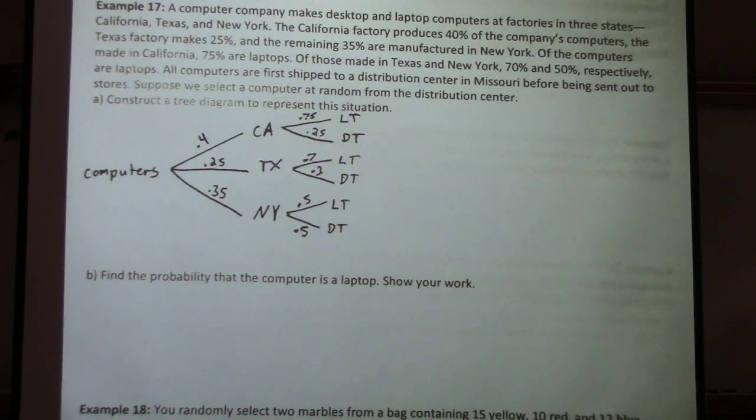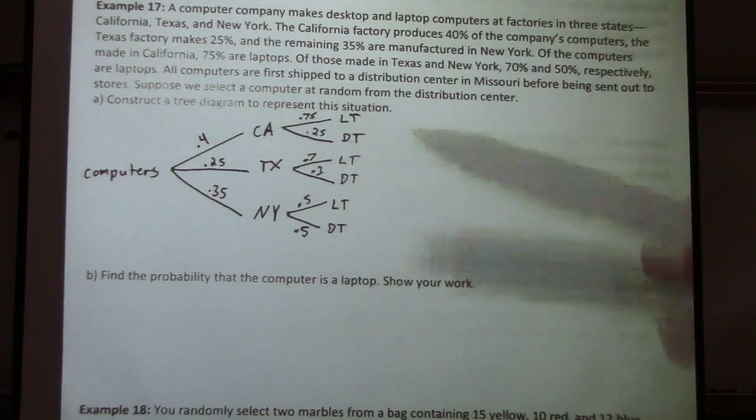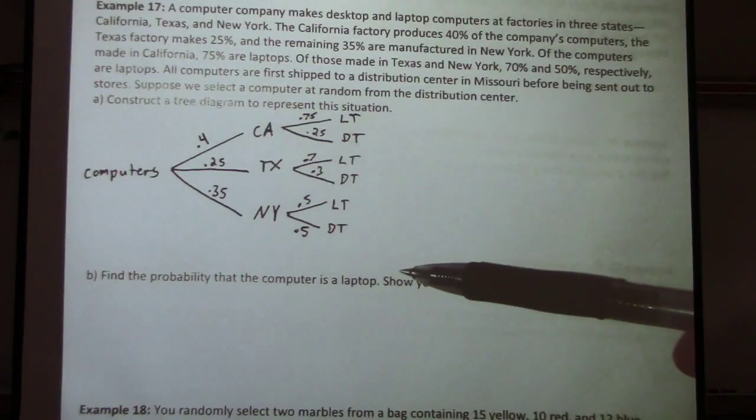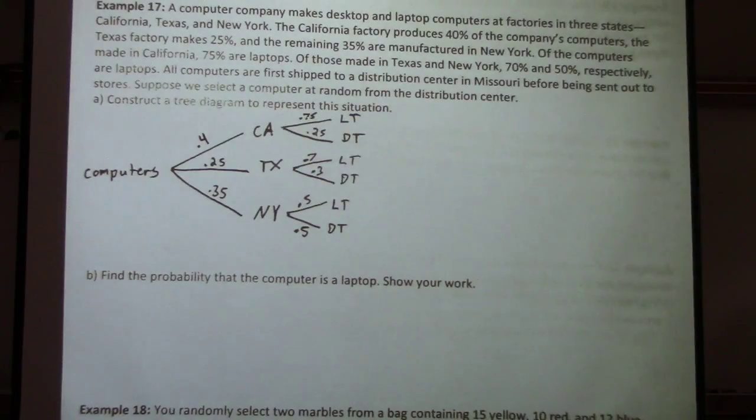So how is this actually helpful? Well, there's 6 conditional probabilities in this problem, and we can find each of them using the tree diagram. Here's how you use the tree diagram. Say you wanted to find the probability a randomly selected computer was manufactured in, let's say, California and was a desktop.